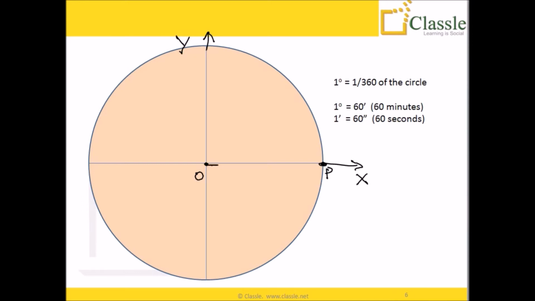So when this point moves in the counterclockwise direction and makes a full circle, this is 360 degrees. One increment, that is 1/360th of this movement, is called 1 degree. That is a definition.